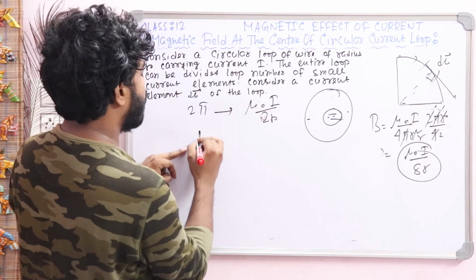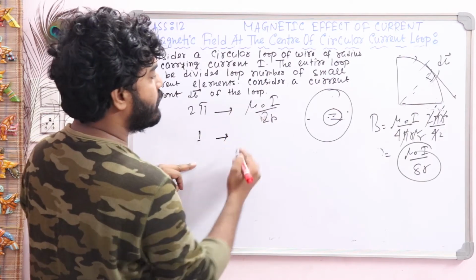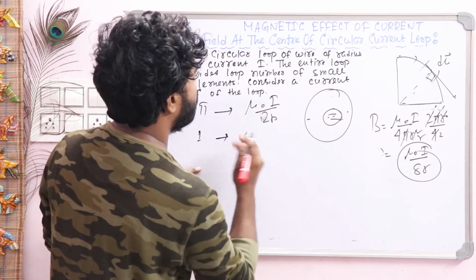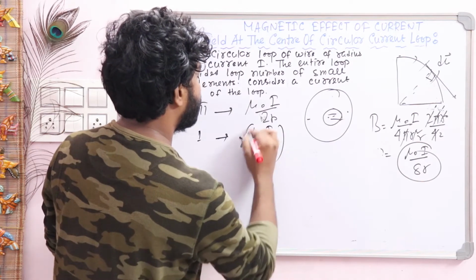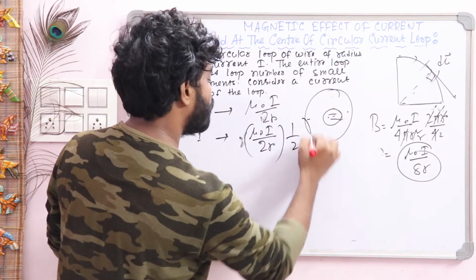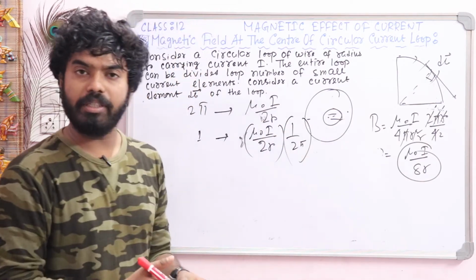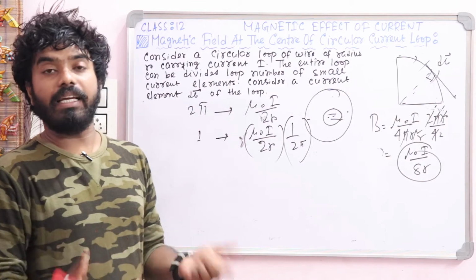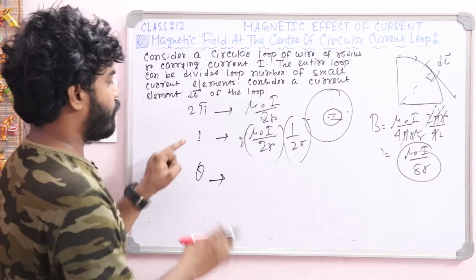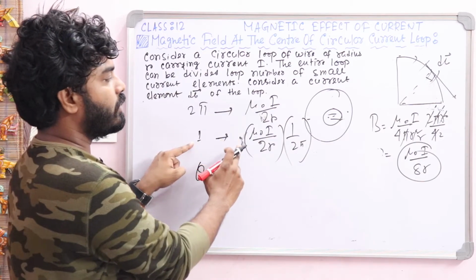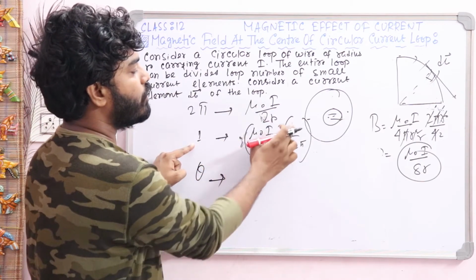So obviously for angle 1, that is 1 rad, this one will be mu naught I divided by 2r multiplied by 1 by 2 pi. Now for any angle theta, for 1 rad, this one is mu naught I by 2r into 1 by 2 pi.